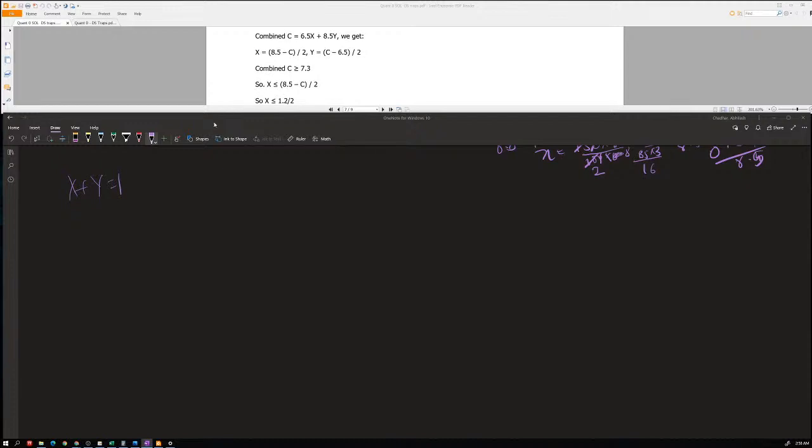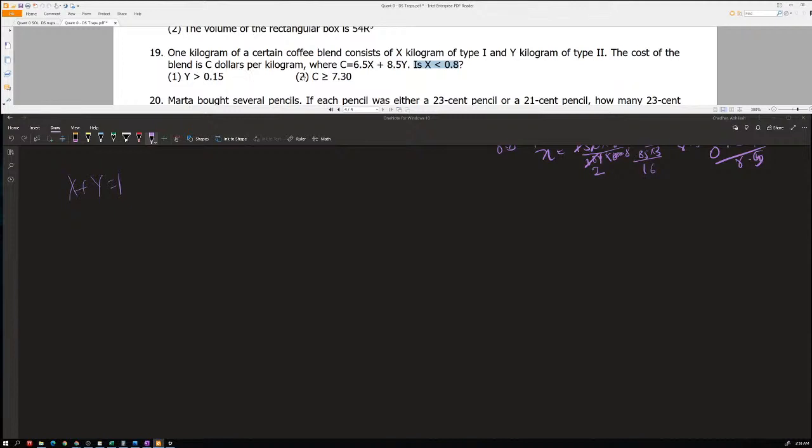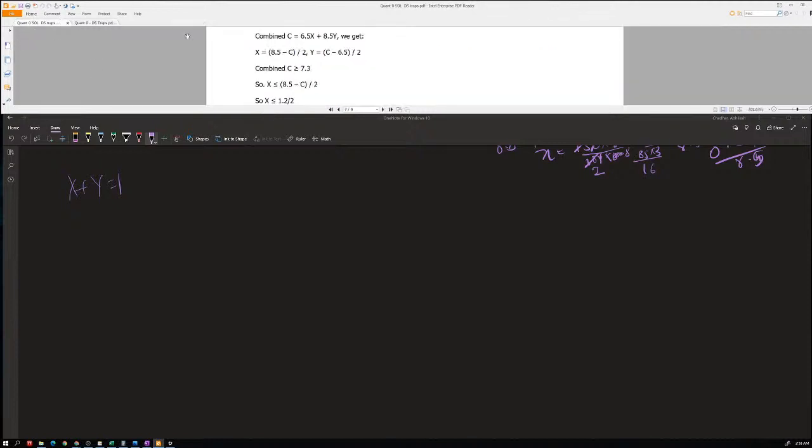They say this combined C. What is combined C? Oh, dollar blend C dollar program. This is the cost, right? Has it been combined already? No, right? C is equal to this.